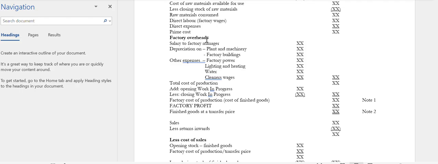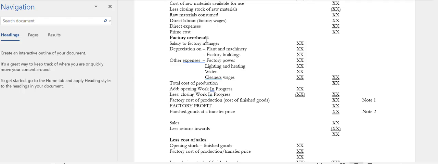Why? Work in progress means that you can have opening work in progress or closing work in progress. At the end of an accounting period, the raw materials that were not fully converted into finished goods, you're supposed to begin with those before you procure new raw material. That's why we normally, after getting the total cost of production, you add the opening work in progress, then you less the closing work in progress.